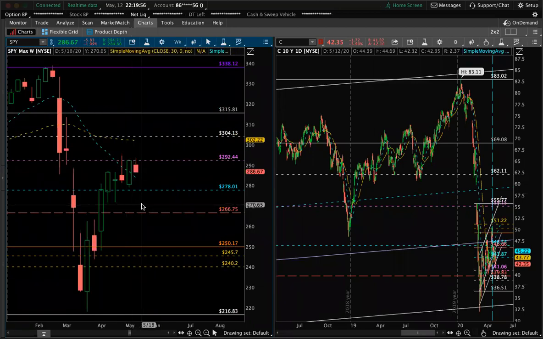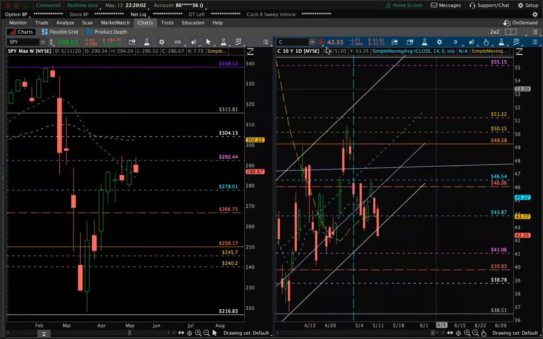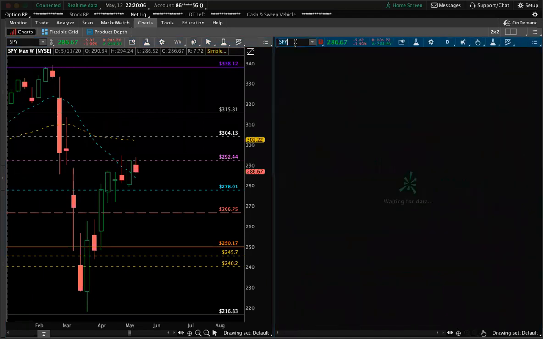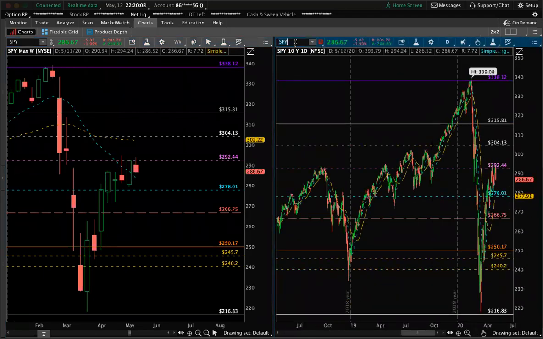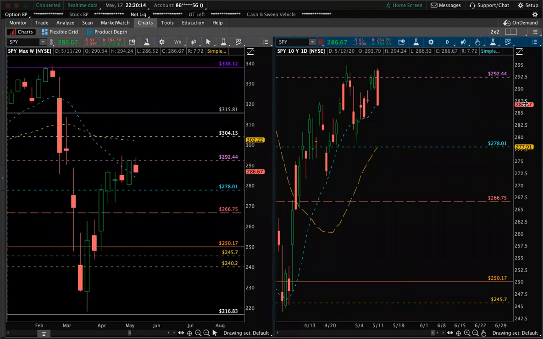You see that? That's why it's good to watch SPY and ES, because SPY's 14 SMA is what's important. Just my personal opinion. So we know where the downside is.